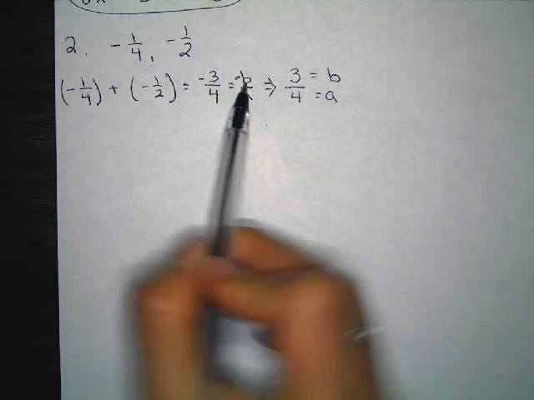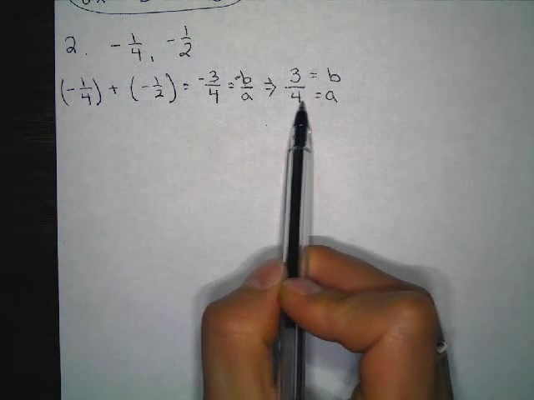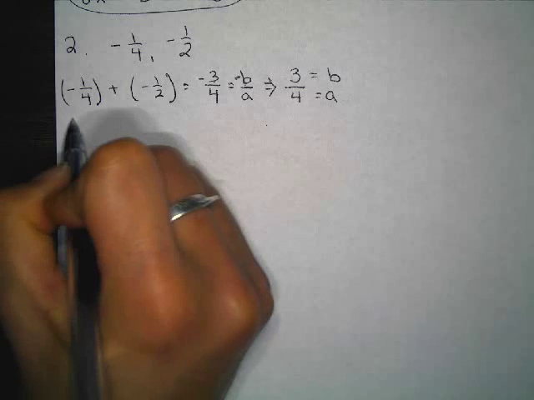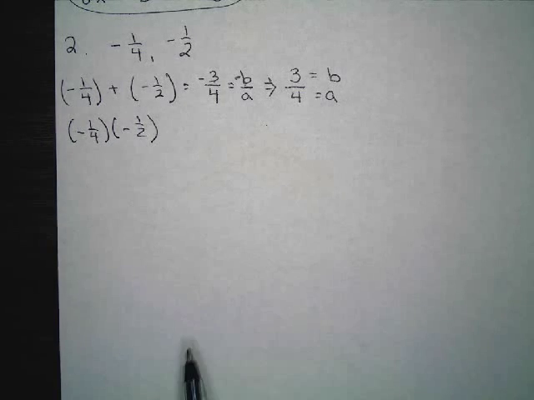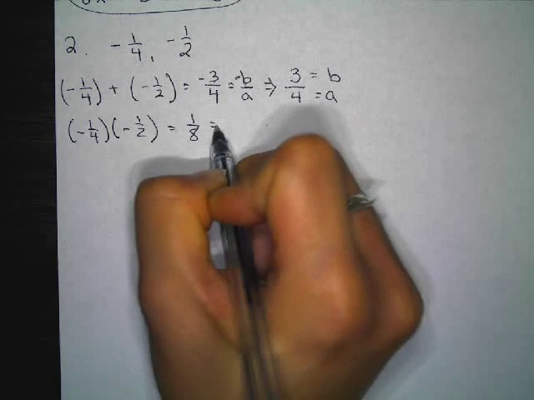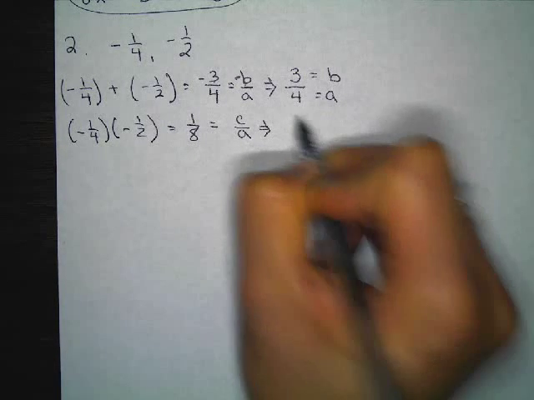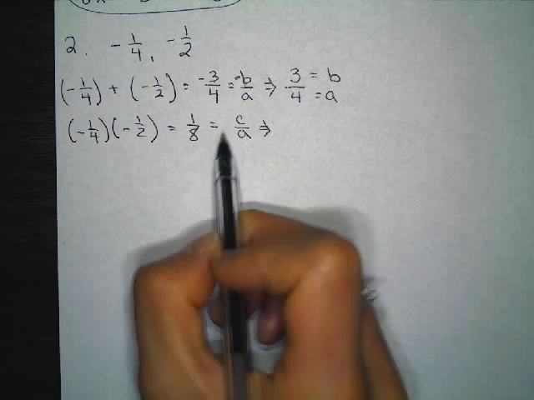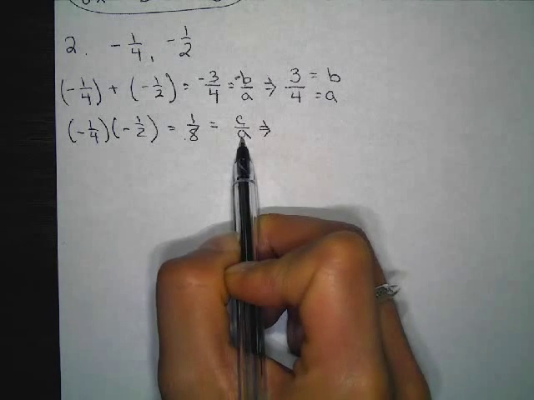So -3 was -b, which means positive 3 is a positive b, and 4 is a. Now we'll multiply these roots. If you punch that in your calculator, you will get 1/8, and again that equals c/a. So 1 is c and 8 is a.